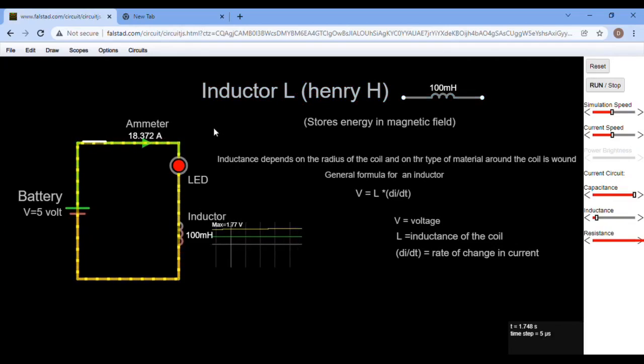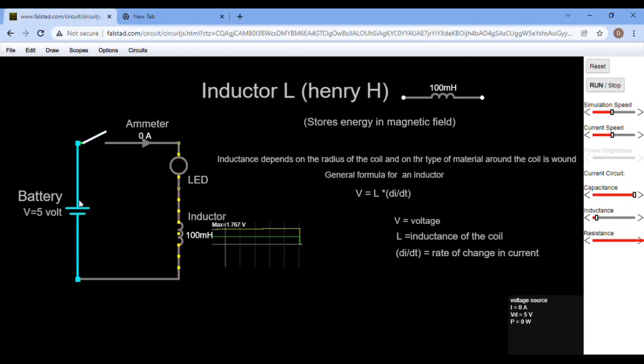And let's see the circuit. The circuit consists of a battery, an ammeter, an LED, and an inductor. There are many types of inductors, as you saw, and there are two major ways of finding inductance. That is self-inductance and mutual inductance. Self-inductance, as the name says, self, means only one thing is there, like yourself.